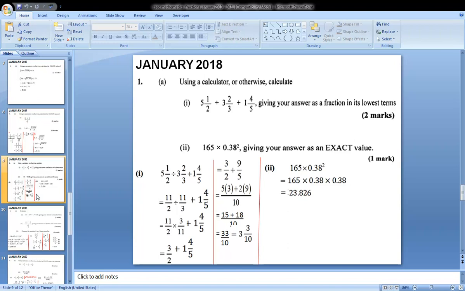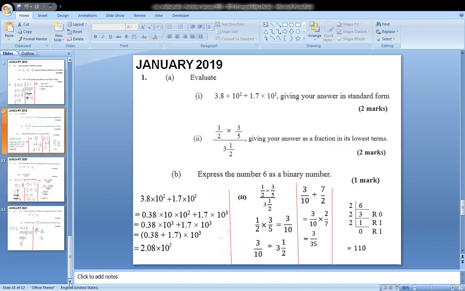We don't round it off, we leave it as it is because they required us to give the exact value. So we do not do anything to the number. Write your answer as it is.